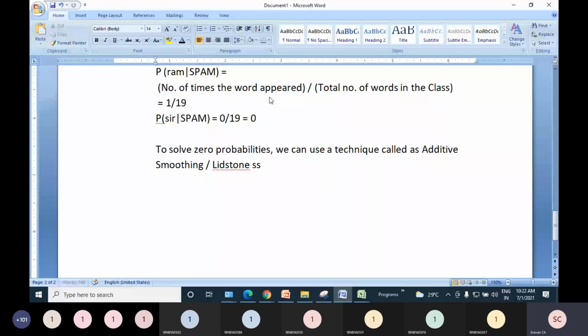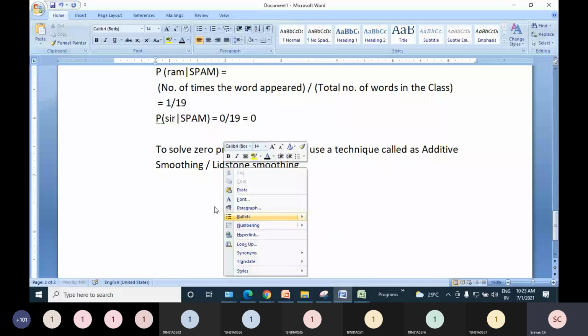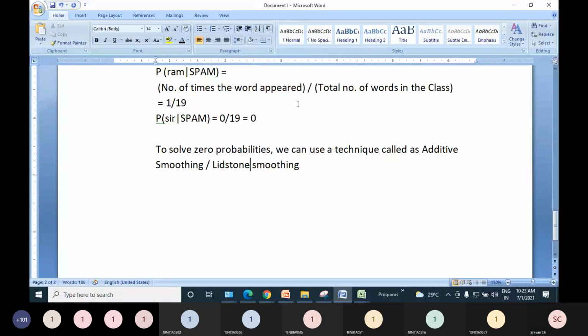Friends, this additive smoothing itself can become a small question, right? So to solve the problem of zero valued probabilities, we can use a technique called additive smoothing, which is called Lidstone smoothing.